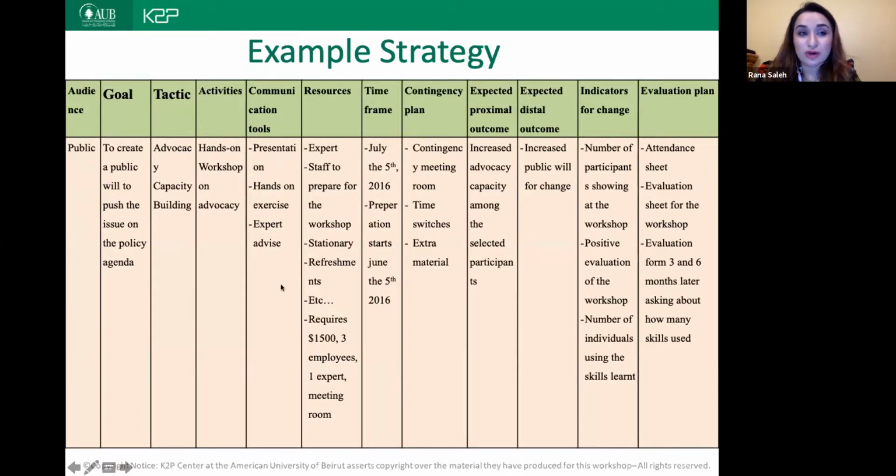The tools that you are using in this workshop, the resources, the time frame, the expected proximal and distal outcomes of this advocacy workshop, and also the indicators that we have chosen and the evaluation plan necessary for those indicators. So this is very much individualized based on what you are working on. However, this is just an example to illustrate how a strategy might look on paper.